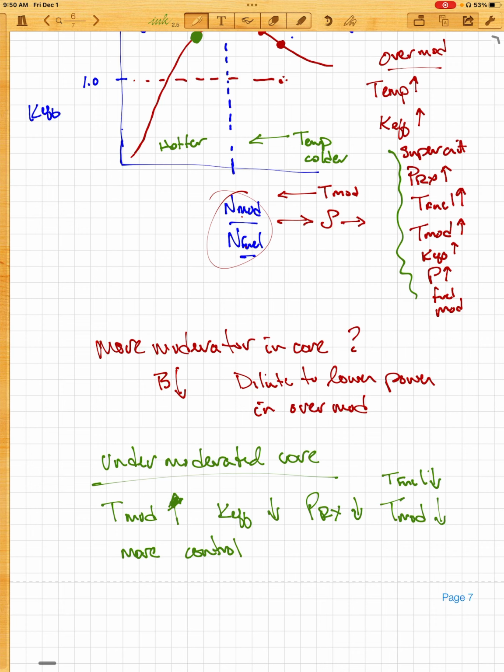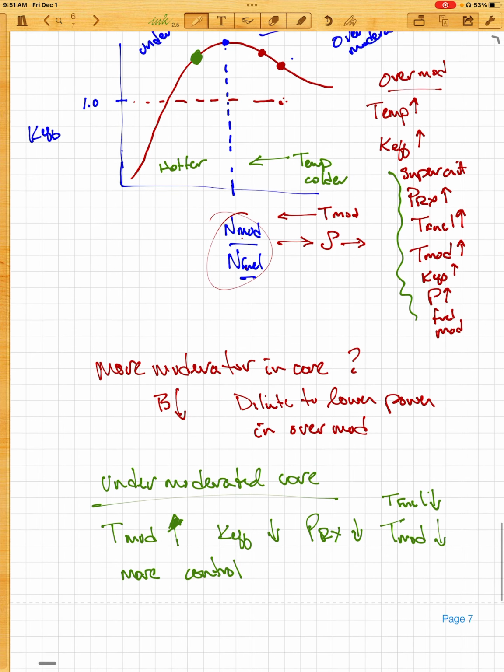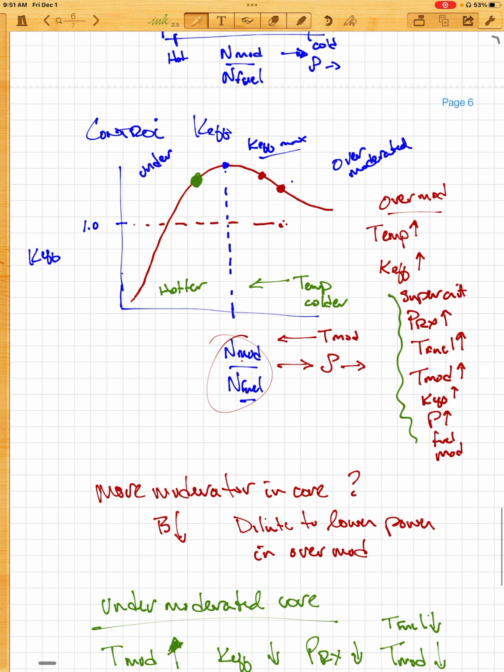And how do we manipulate the moderator to fuel ratio here? Well, you get more moderator in the core, you raise K effective.